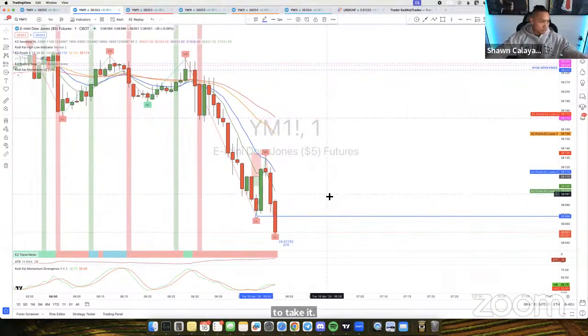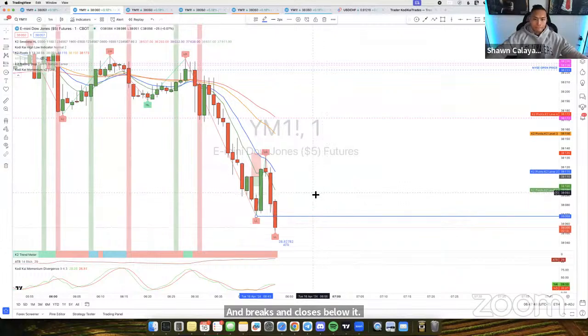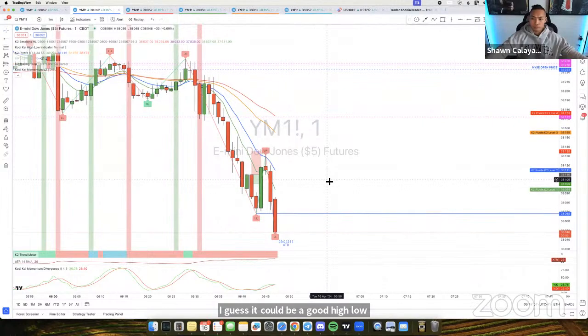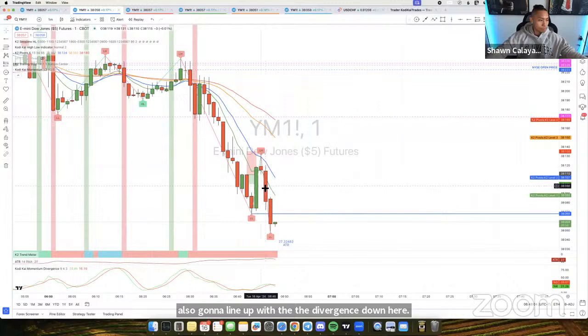I think I'll probably take this high-low scalp here. It breaks and closes below it. Because I think this here could be a good high-low scalp, because it's also going to line up with the divergence down here. Let's see.